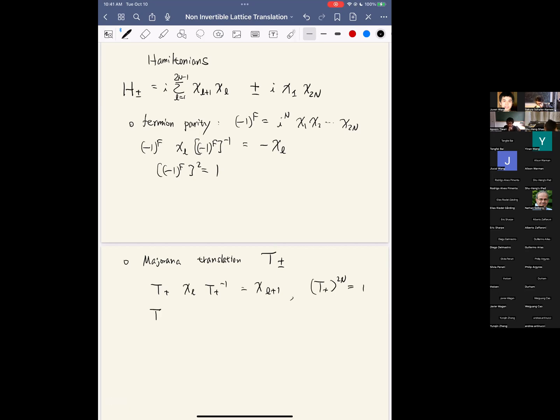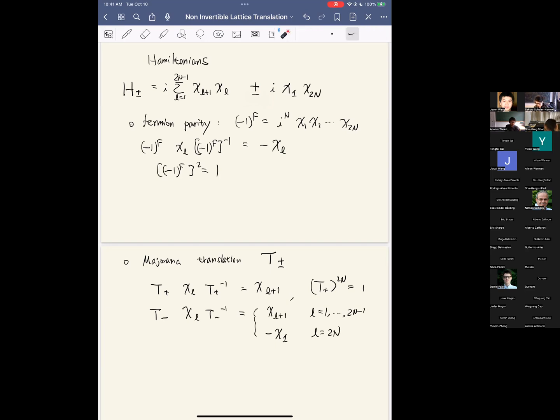What's slightly non-trivial is that even the model with a minus sign here has a translation symmetry. All you have to do is to put an extra sign at the very last site. So for most of the sites, it just shifts L to L plus 1. And for the very last one, it takes it to minus chi1.